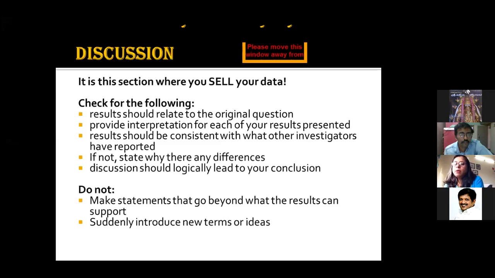But we must be very careful when writing the discussion, because the result should relate to the original question. Whatever interpretations we derive, there shouldn't be something new out of the blue coming out in our discussion. It should be related to the research question and the hypothesis we started with, and it should gradually show the result coming out of it.